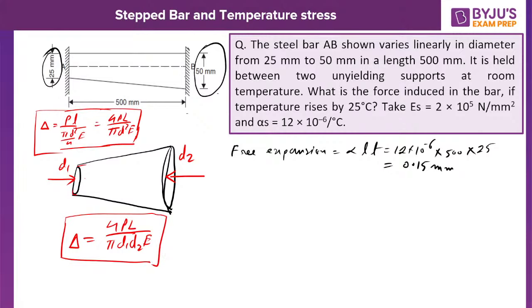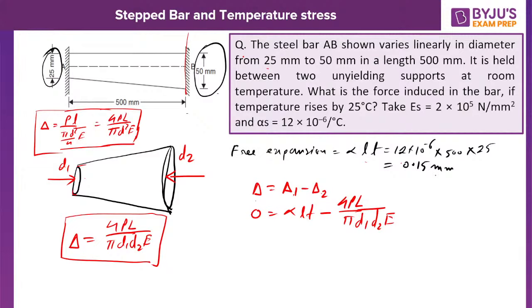Finally, you have given the free expansion, and then you are applying the force to bring it back to the initial position. So I'm writing the same: delta equals delta 1 minus delta 2, but this delta is 0. This delta 1 is your free expansion, which is alpha LT, minus delta 2, which is nothing but 4PL by pi d1 d2 E. Did you get that?